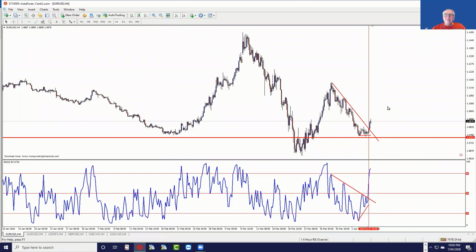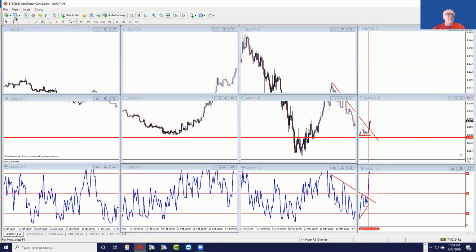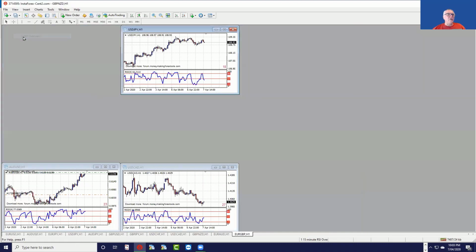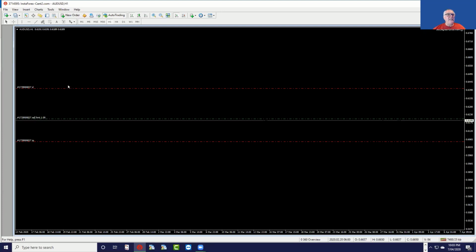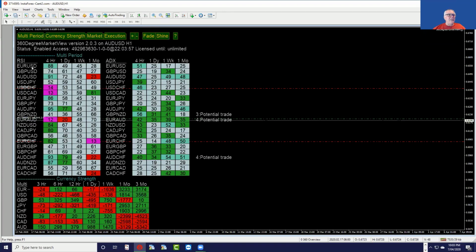Now, to a certain degree, we don't need those readings, because we can just look at the charts themselves, and we can see that the Euro is in a trending mode. But it's just nice having those readings. Also, they give you an overview of the whole market, so you can actually very quickly see which currencies are trending and which ones are going sideways, and it gives you a view.